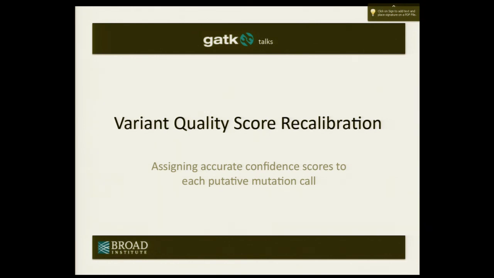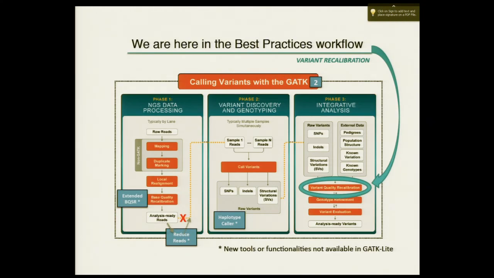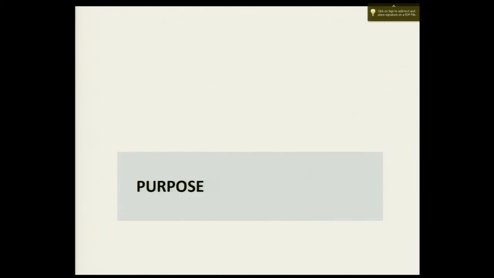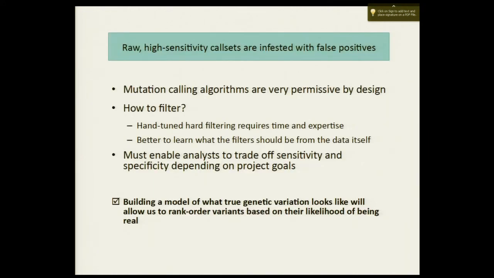So we made all these mutation calls, and now we have to do tons of work to make those mutations analysis ready. By design, our philosophy for these calling algorithms is that we want them to be incredibly sensitive, so that you don't miss anything.